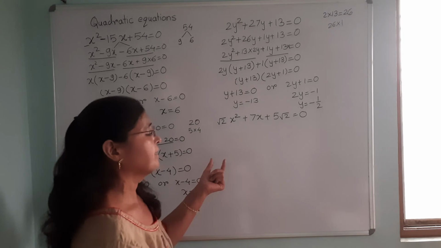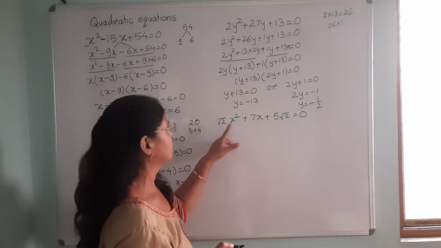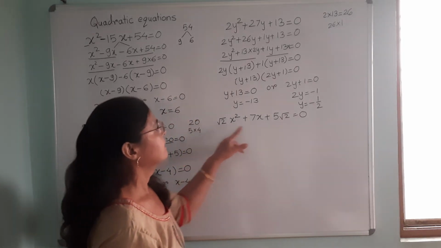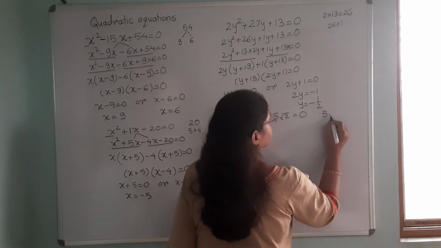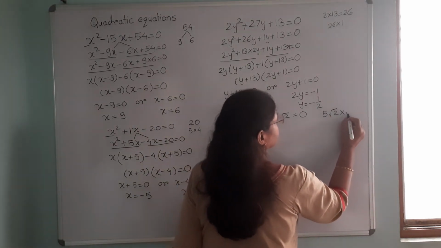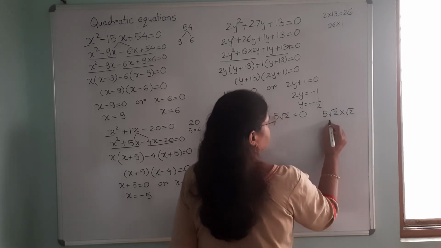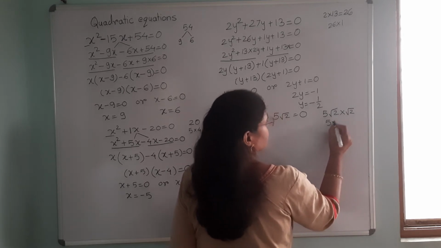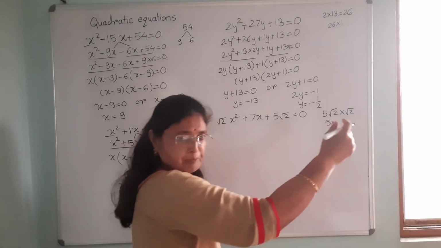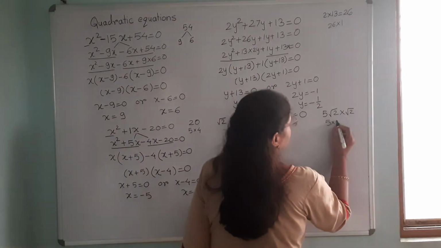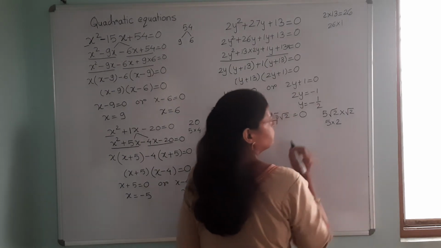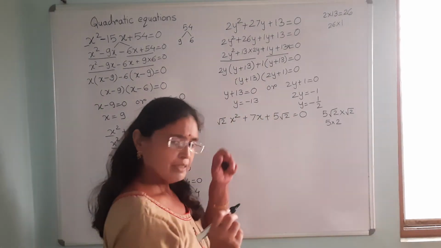Now we have to find the product of the coefficient of x square and the third term. That is 5 root 2 into root 2. That means 5 into root 2 into root 2. That means root 2 square, that means 2. So 5 into 2, 5 into 2 is 10.